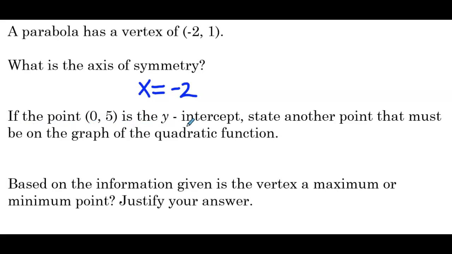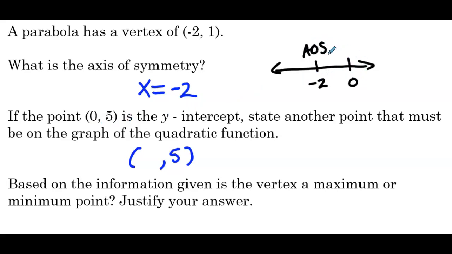If the point (0, 5) is the y-intercept, state another point that must be on the graph of the quadratic function. Well, we've already talked about symmetric points having the same y value, so I need to find another point that has a y value of 5. Well, we know the axis of symmetry is negative 2, so if I was focused only on the x values, they've given me a point with an x value of 0.